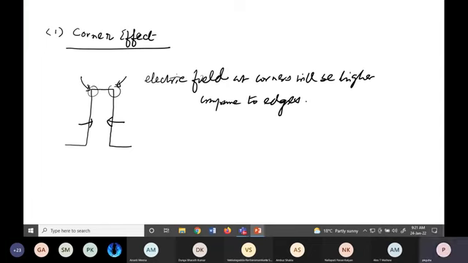The potential is uniform, but at the corner electric fields are higher compared to that of these edges. Now if the electric field is higher at the corners, that means there will be more number of electrons here, right? So population of electrons will be more at the corners than that of edges, right?